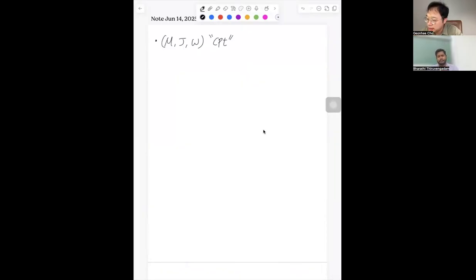So, a compact Kähler manifold, and here J is the complex structure, an endomorphism satisfying J squared equals negative identity, and also satisfying the integrability condition, preserving the Lie bracket condition.